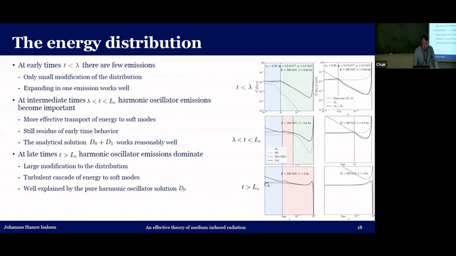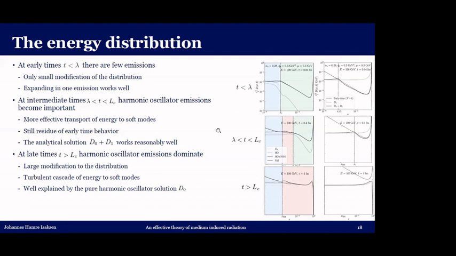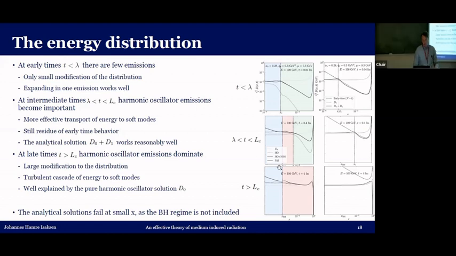Then it's pretty flat. But if you take into account the Bethe-Heitler regime, then you get more of the soft modes basically. And I'm just going to say that in these analytic solutions, we didn't actually include the Bethe-Heitler regime, so that's why it doesn't match at very low energies.